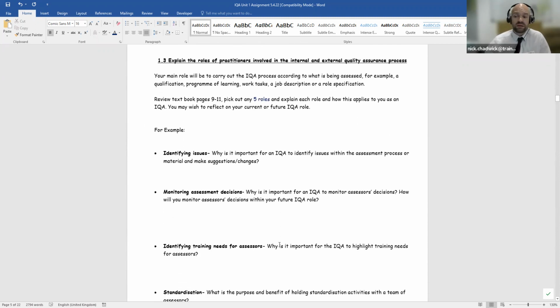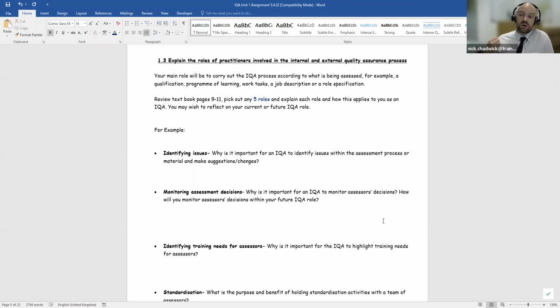Wow, we are making excellent progress here, and we're moving on to criteria 1.3, which is to explain the roles of practitioners involved in the internal and external quality assurance process. So your main role as an IQA is to carry out essentially a review of your program.